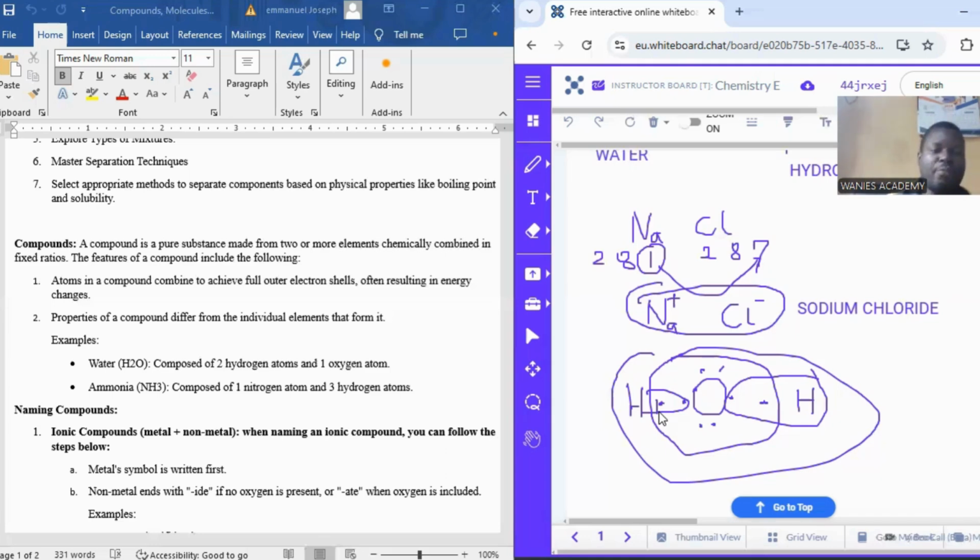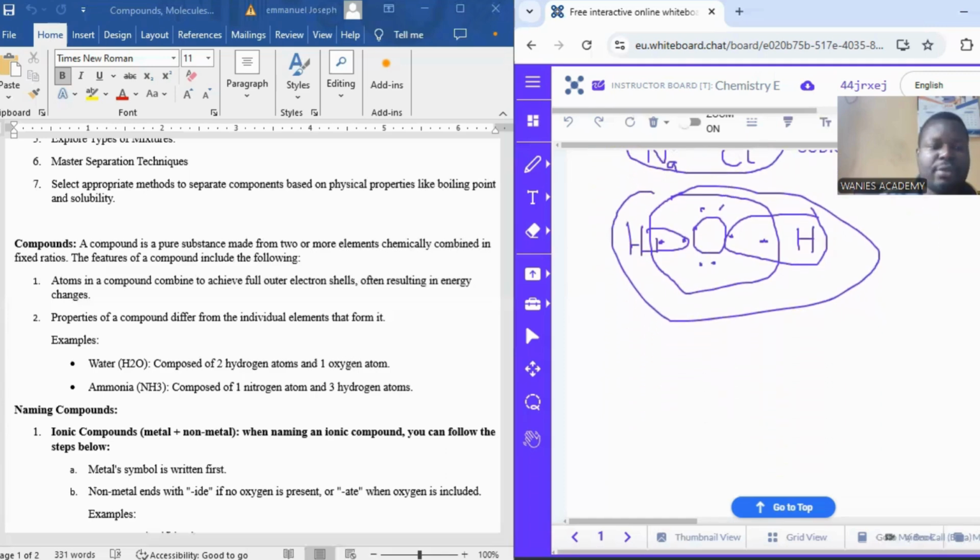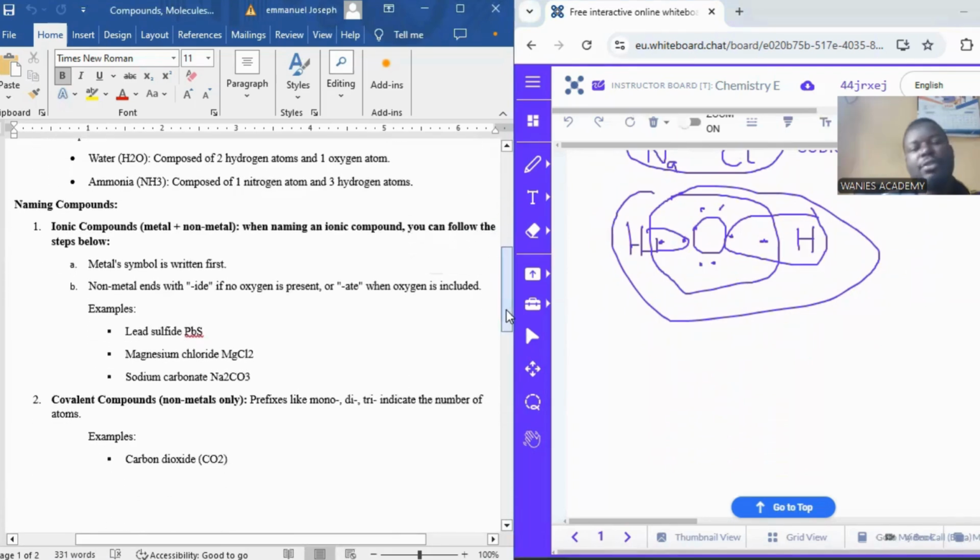So we have moved on to naming compounds. We have also moved on to writing formulas. Now let's go straight to naming of a compound when you're given a formula. The first thing you need to do is look at these rules here towards the left side of the screen. We have rules for ionic compounds.